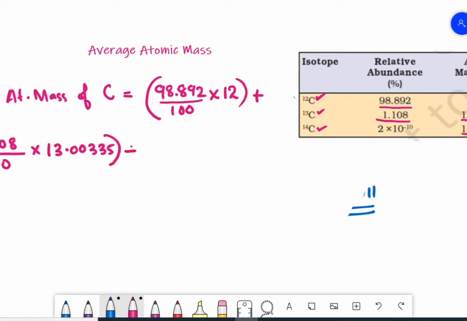Okay, now take the next, carbon 14. Its relative percentage is 2 into 10 to the power of minus 10 divided by 100 into its atomic mass. How much is it? 14.00317.